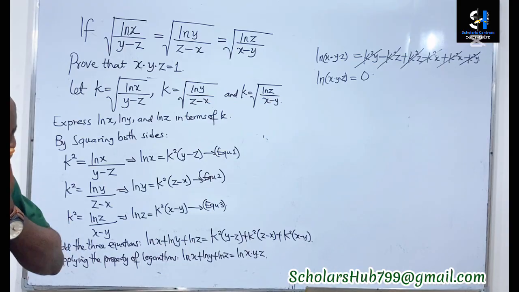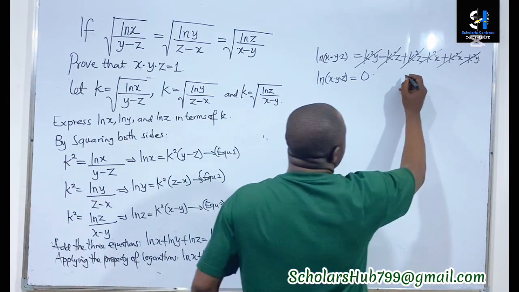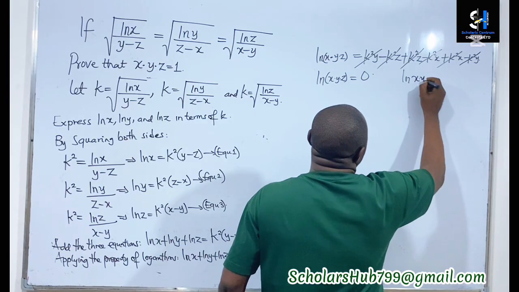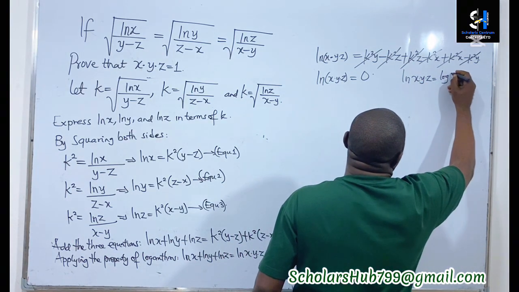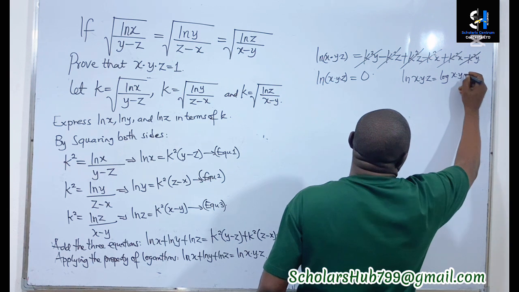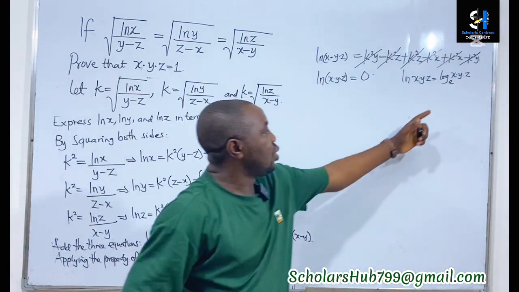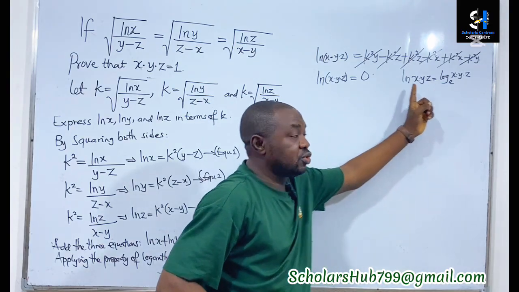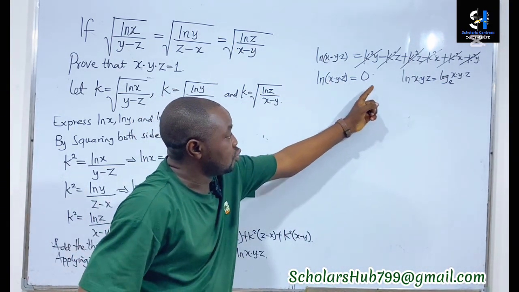Now, when we say ln xyz, this is the same thing as the logarithm of the product of x, y, z to base e. Log to base e is ln, so we have ln xyz equals 0.